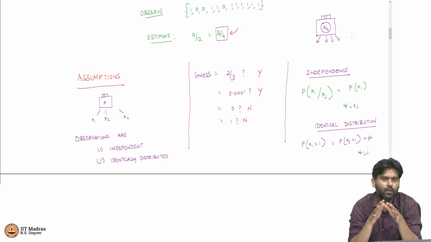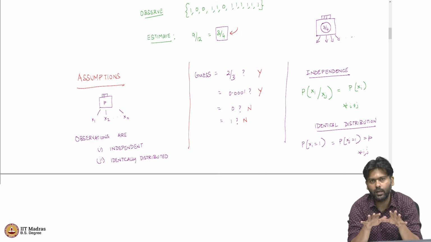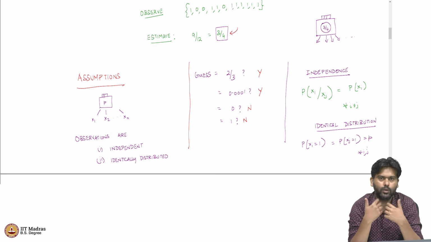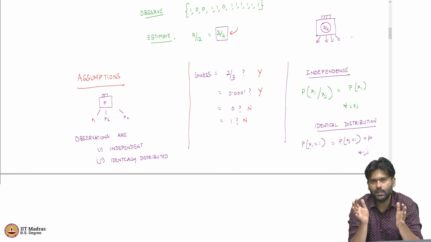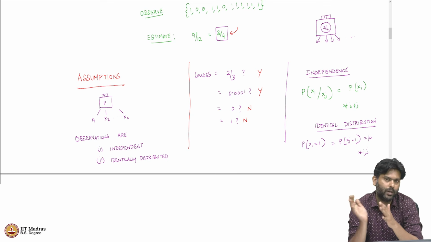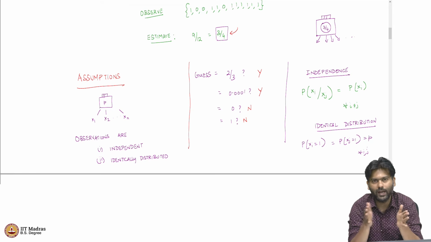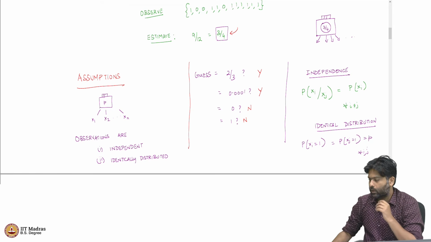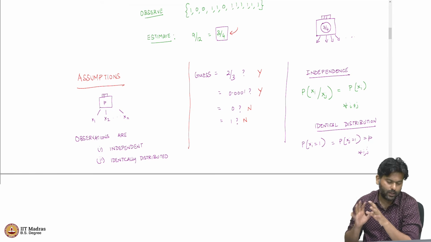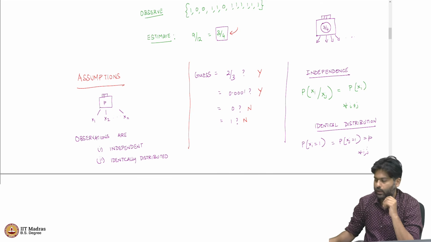Here we are saying that the same coin gets flipped n different times. So, the law that determines the outcome that you observe in a probabilistic sense is exactly the same every time. That is what it means to say the data points are identically distributed. You can think of it as saying there is only one box, and you press the same box every time.